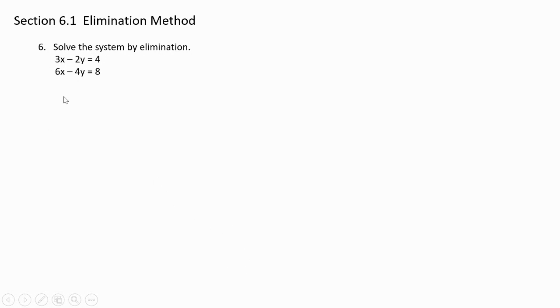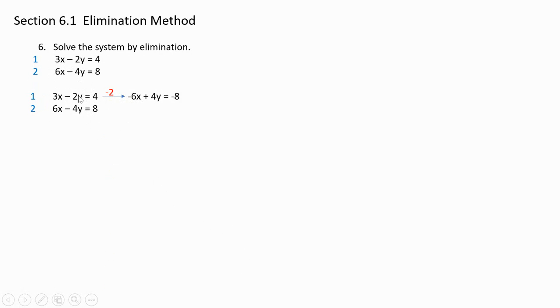Okay. So for example, here on number 6, equation 1, equation 2. Again, I need to get rid of the x's or the y's. Here, if we multiply -2 times 3x, it will give us -6x. And then when I add them, they'll be eliminated. Okay, so multiply by -2.